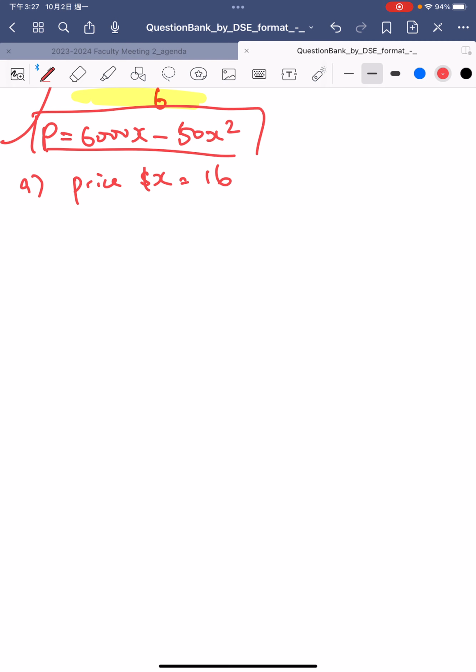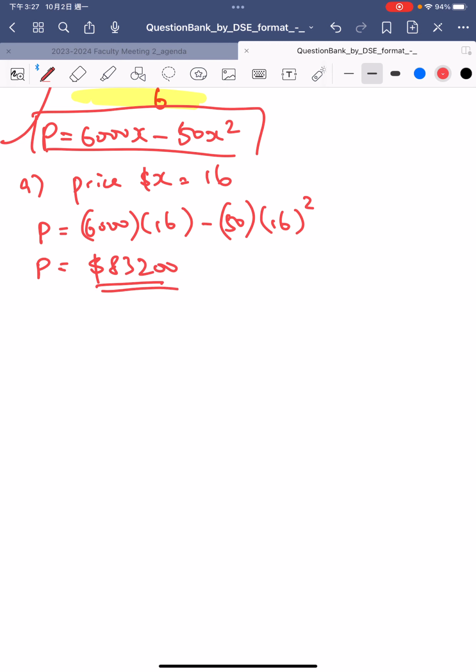Then we can substitute into our formula to get P is equal to 6,000 times 16 minus 50 times 16 squared. Use your calculator, and the value should be equal to 83,200. So that's for question A.